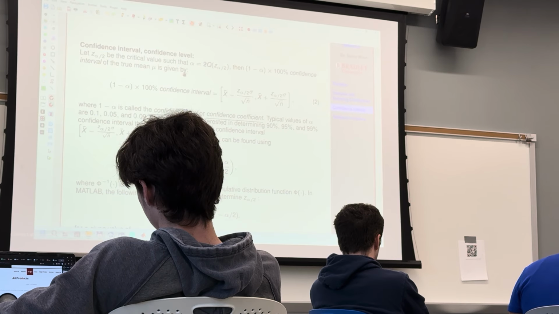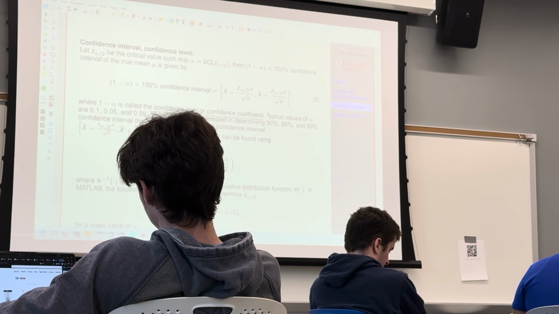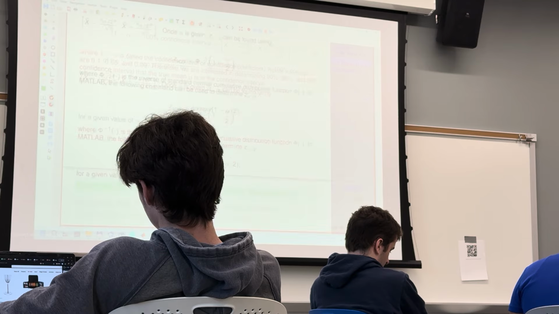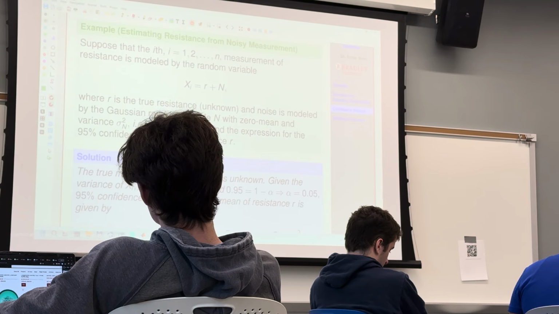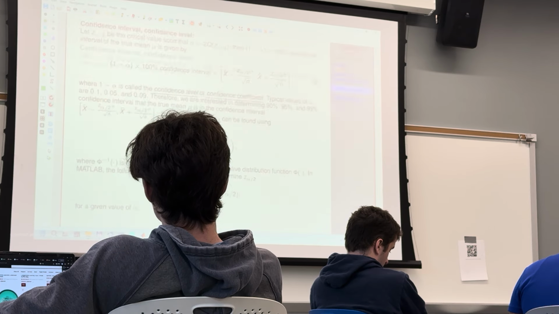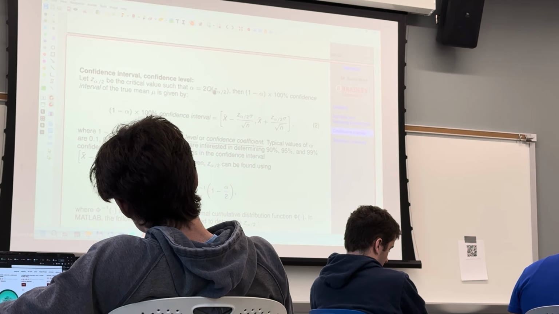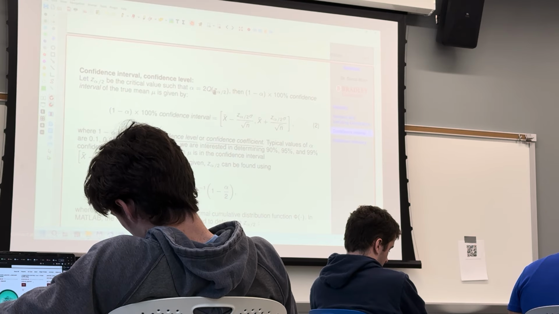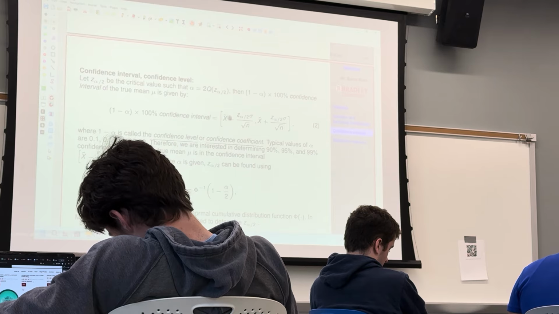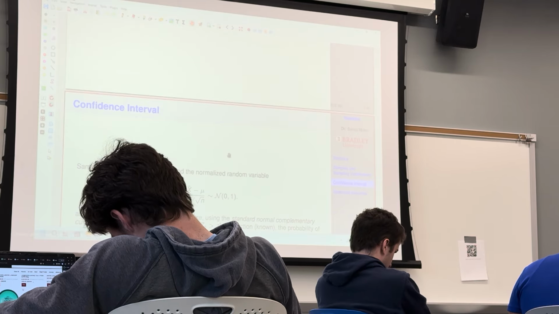Confidence interval. How to make use of confidence interval? Some of these equations you directly apply right here in this example. So this is one formula, and how to come up with this Z alpha.